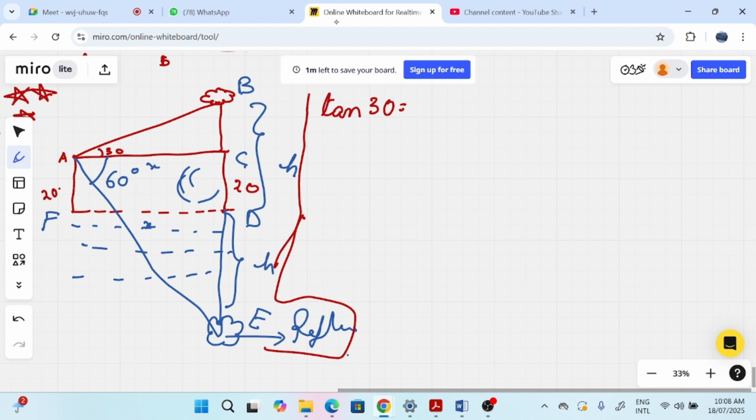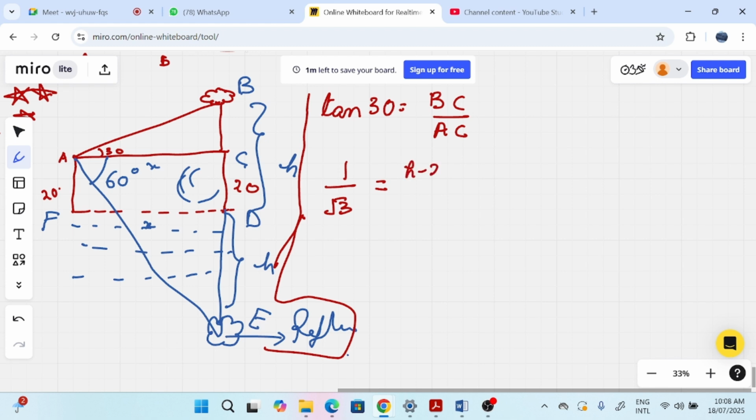See, if I take tan 30, tan 30 is equal to BC by AC according to my diagram. So how much is tan 30? 1 by root 3. And how much is BC? H minus 20 we can take.